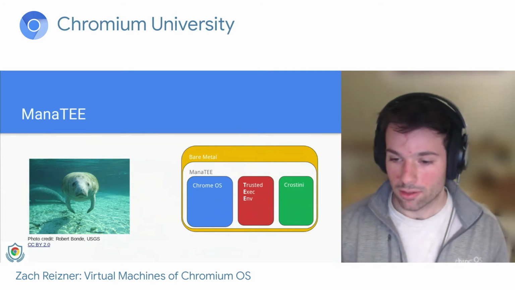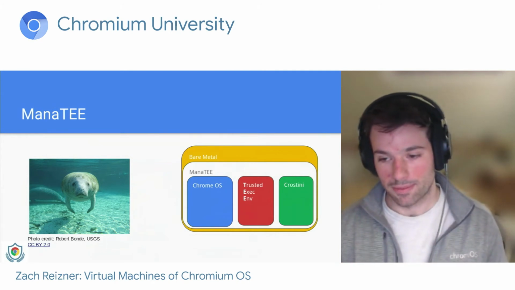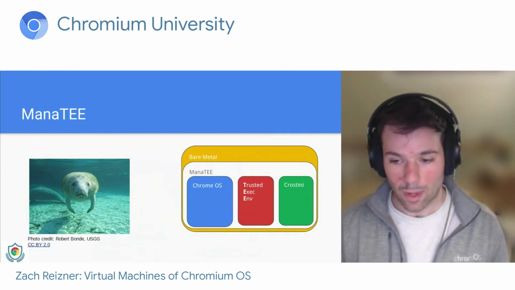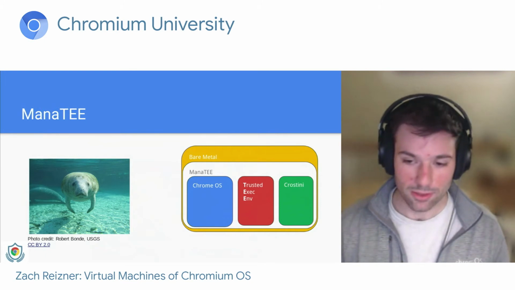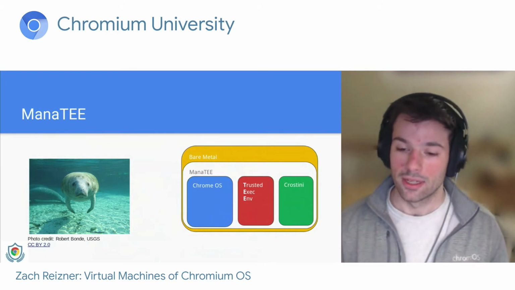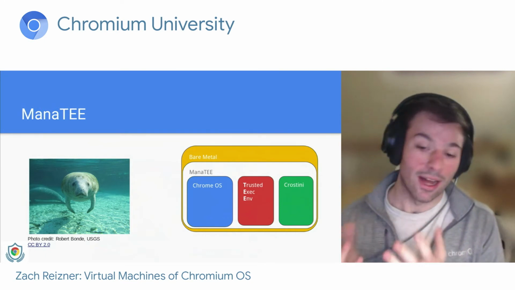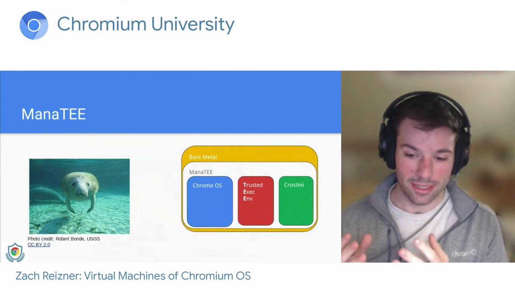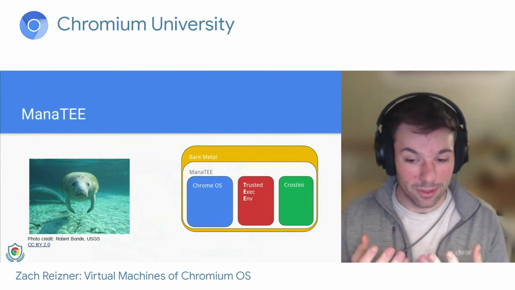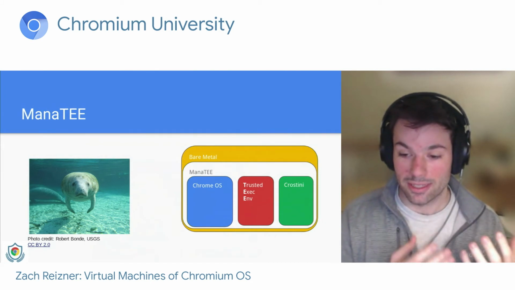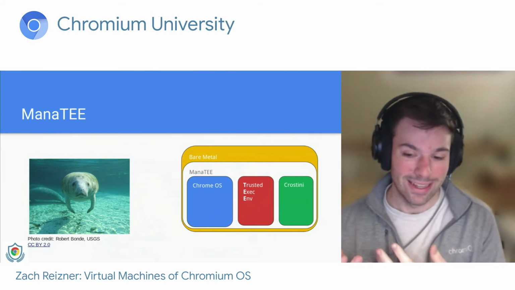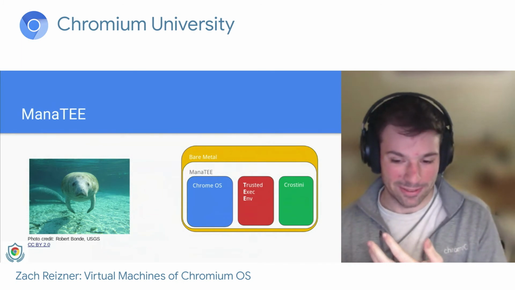The upshot is that Chromebooks can ship with fewer expensive chips that add to the cost of Chromebooks while enabling features such as biometric unlocking. Today, Chromebooks without this Manatee environment have to have a separate secure enclave-like chip in order to do these things, and they have to have a lot of power just to do biometric processing. And we'd like to reduce the need for those things while simplifying the architecture of it.